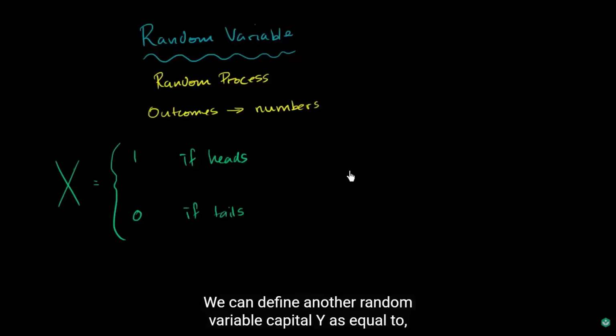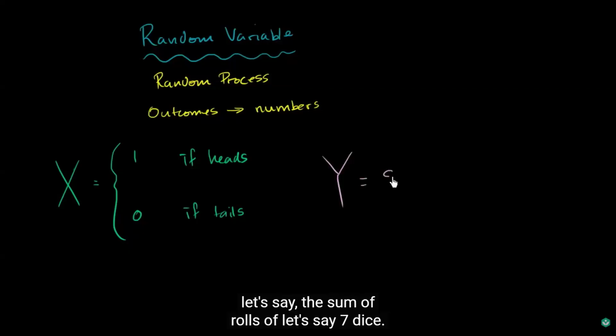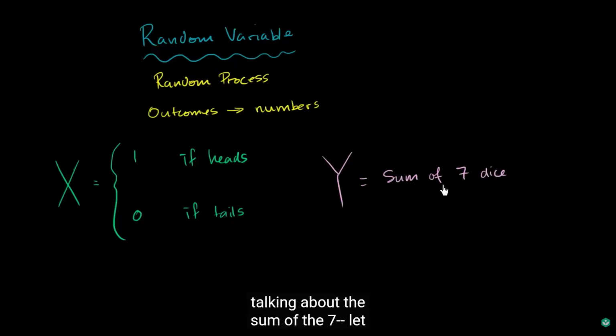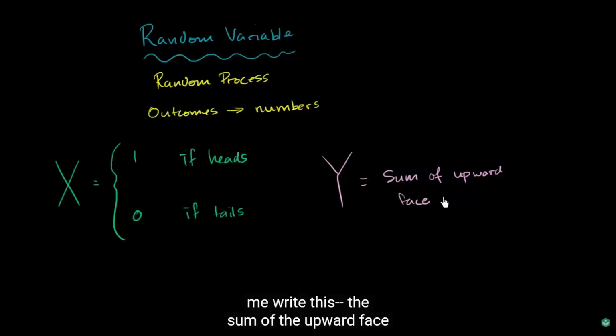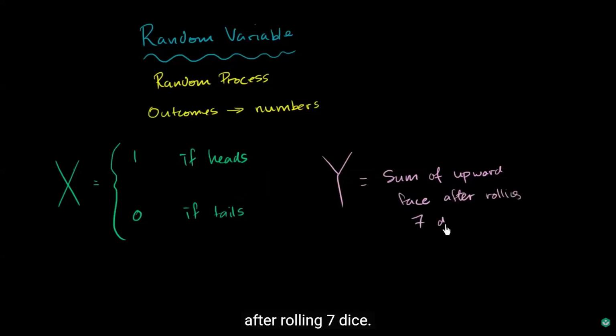We can define another random variable, capital Y, as equal to, let's say, the sum of rolls of, let's say, seven dice. And when we talk about the sum, we're talking about the sum of the upward faces after rolling 7 dice.